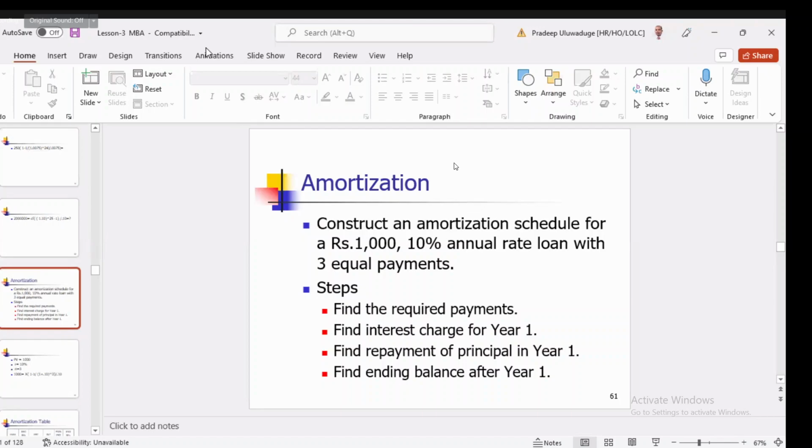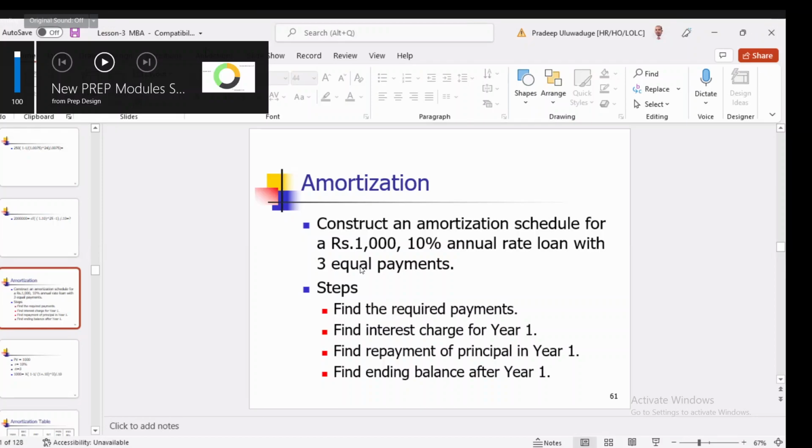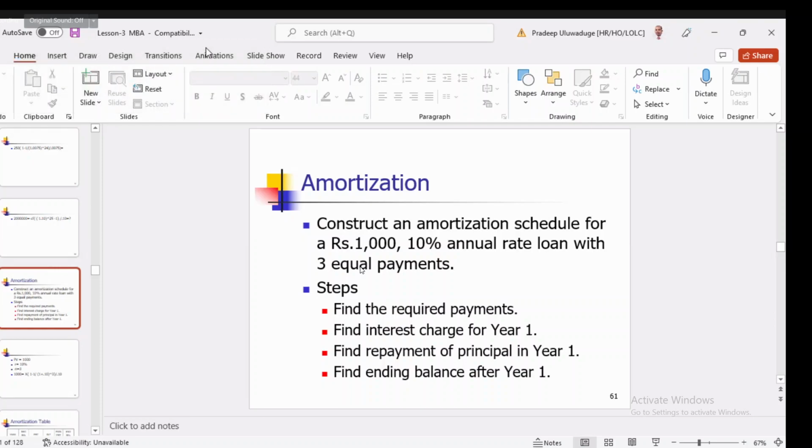And when it comes to annuities, we talked about the ordinary annuity where the cash flows occur at the end of the time period, annuity due where the cash flows occur at the beginning of the time period, and deferred annuity where the cash flows do not occur in the first year. The cash flows start somewhere later than the first year.